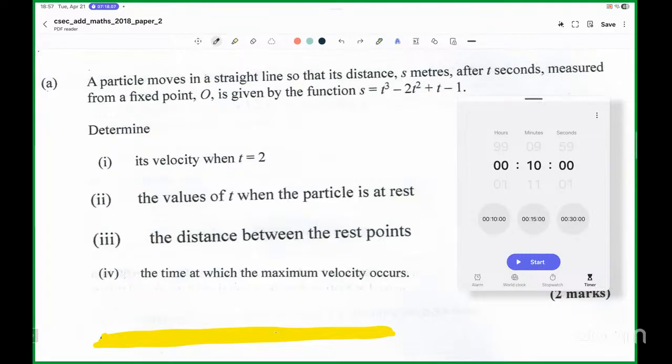So you see where the vehicle is at those two times.